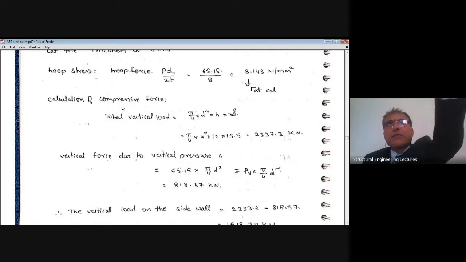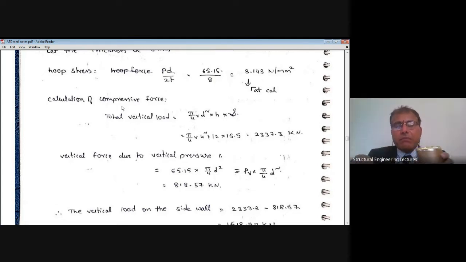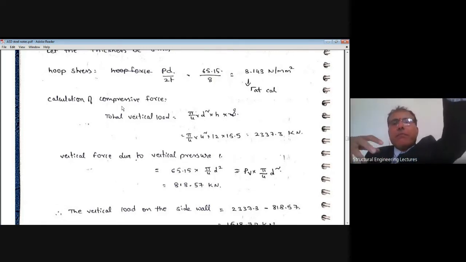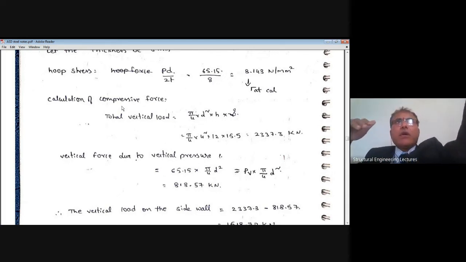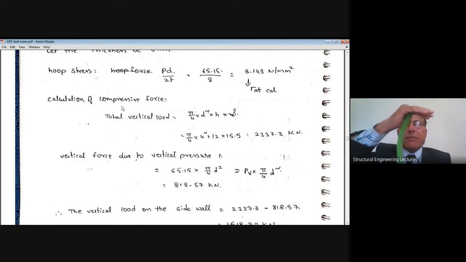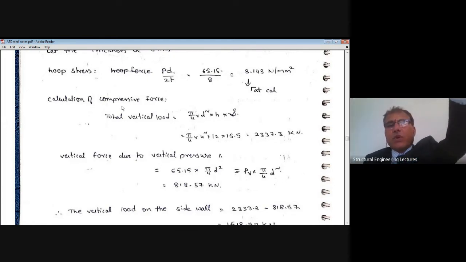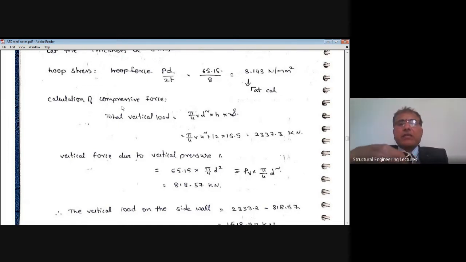The vertical plate is not only subjected to the bursting tensile force, but a major load also comes from the storing of the material, which will try to compress the plate, like this, right? Now I'll calculate that. The total vertical load in the cylindrical portion is nothing but the area of this circular part, pi by 4 d square, multiplied by height h, multiplied by the density of the material stored, gamma w.